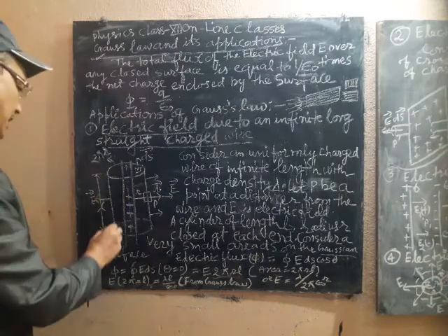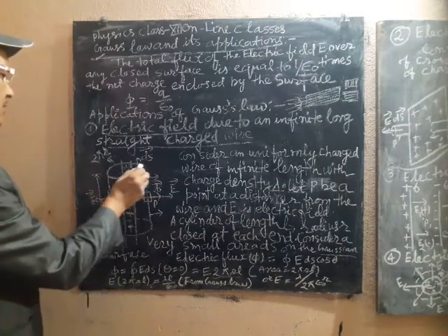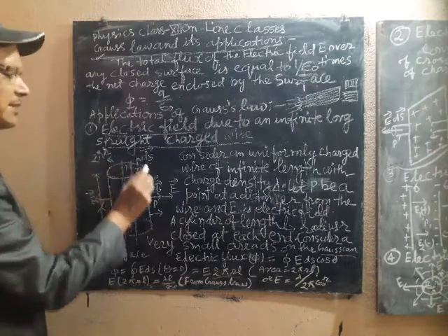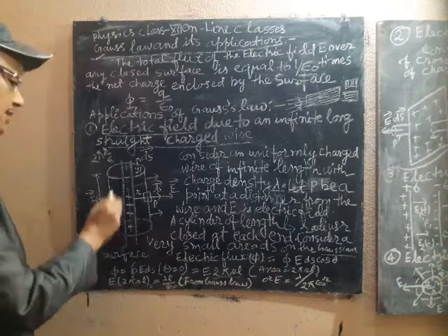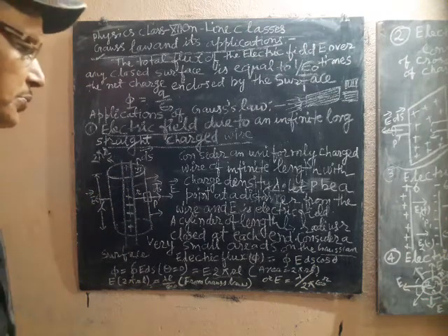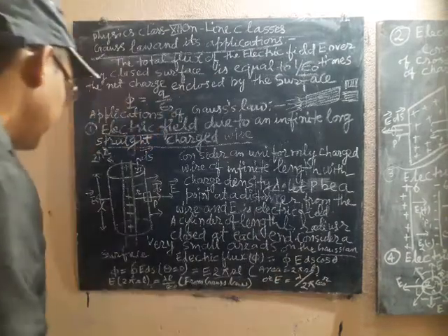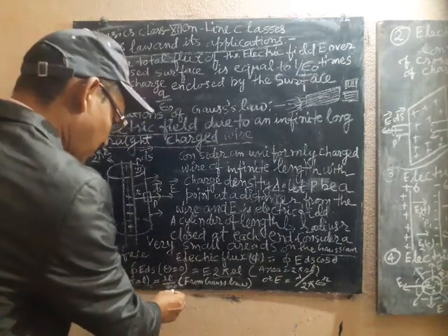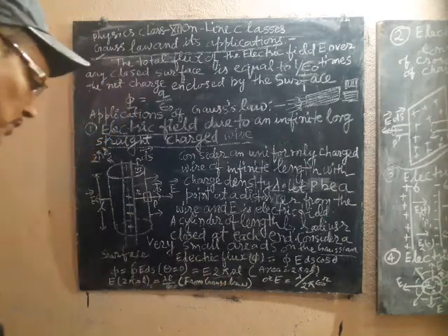Suppose 2 pi r is the breadth and length is L. Then the area will be L into 2 pi r, that is 2 pi r L. And E times 2 pi r L is equal to lambda L by epsilon 0 from Gauss law.